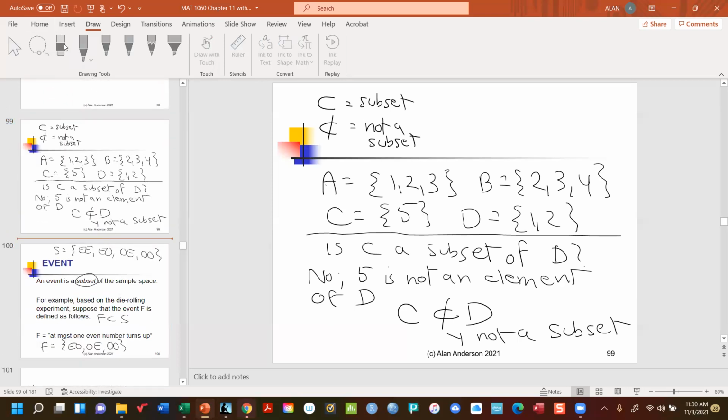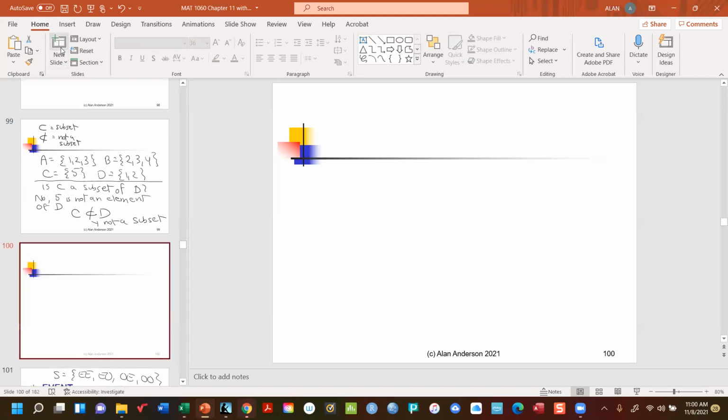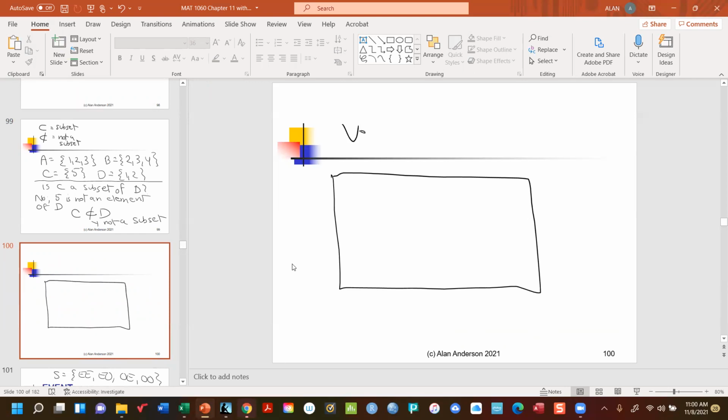Now, I just want to quickly also show you some very interesting graphs that you may have encountered that help us understand these relationships, I guess. We have this very special type of graph which is called a Venn diagram. And what it's designed to do is help us understand the relationship between sets.